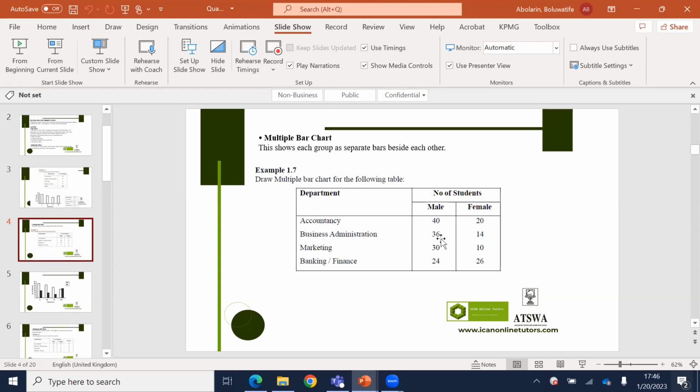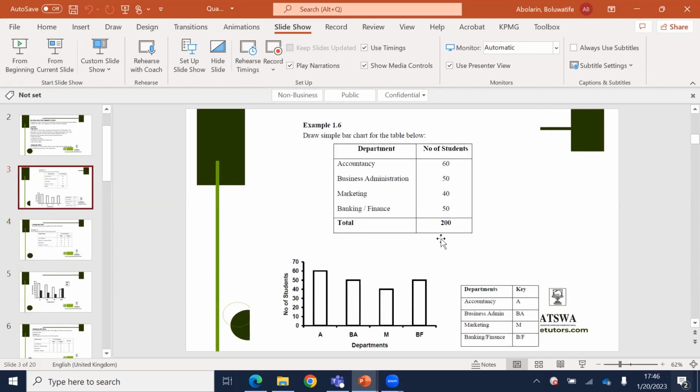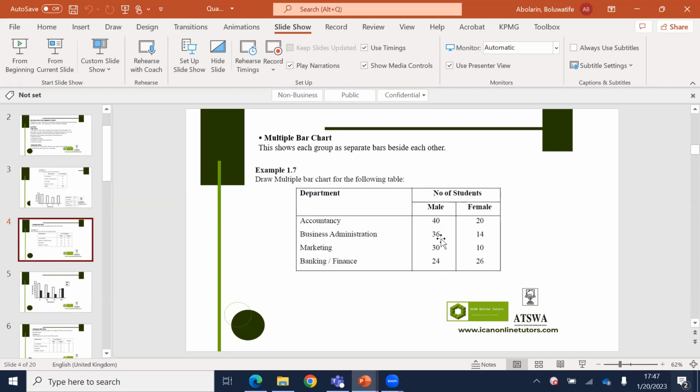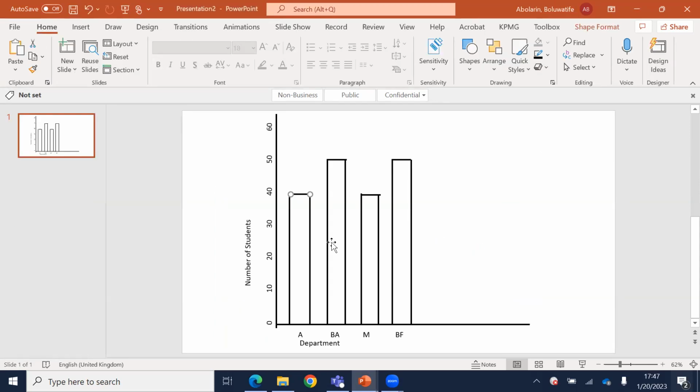So it's not like a simple bar chart. A simple bar chart is just one. These are going to stay beside each other, as you see. They're going to stay beside each other. So now female is what? 20. So you just need one line here. Female is 20. So this is 20.